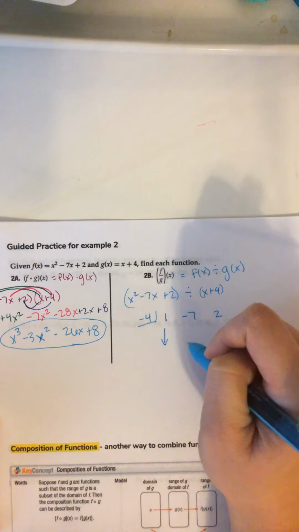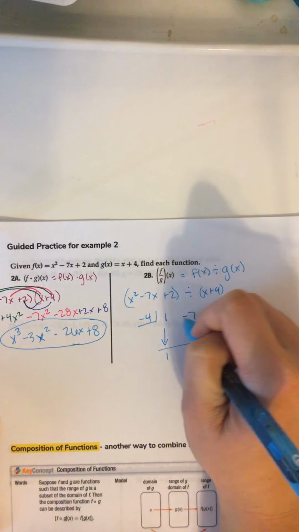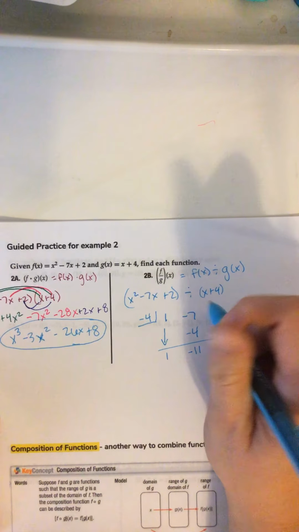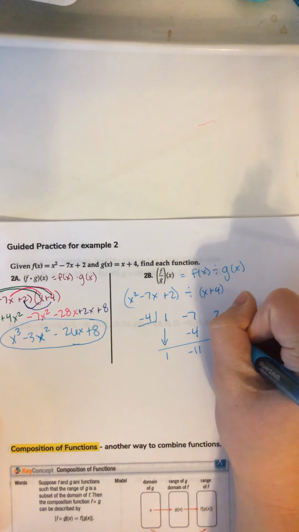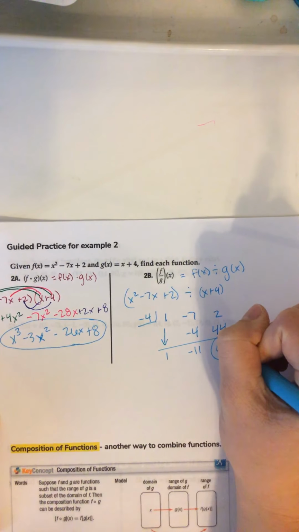We bring down our 1. -4 times 1 is -4. -7 plus -4 is kind of like -7 minus 4, which would give us -11. And then -4 times -11 gives us a positive 44, which means we have a remainder of 46.